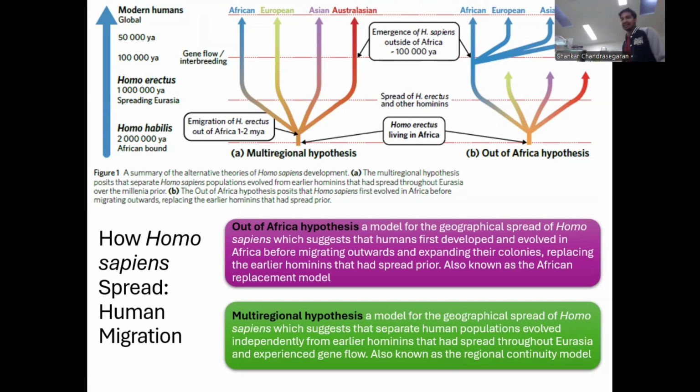So it's basically saying that separate human populations evolved independently from earlier hominins that had spread throughout Eurasia and experienced gene flow.